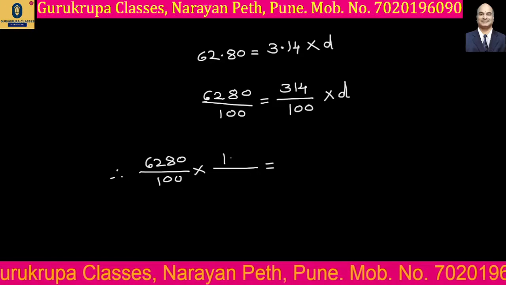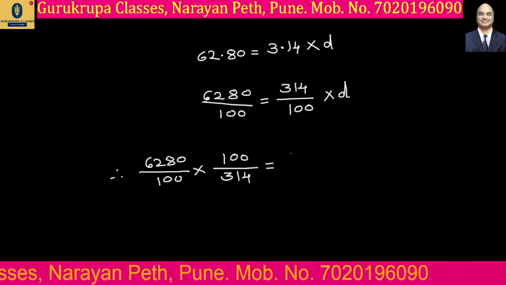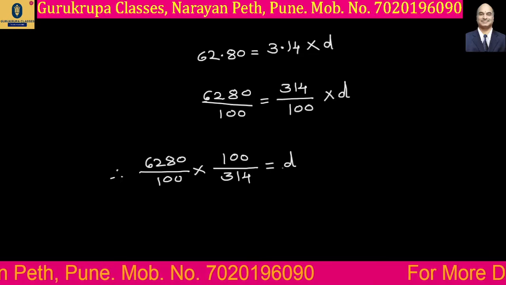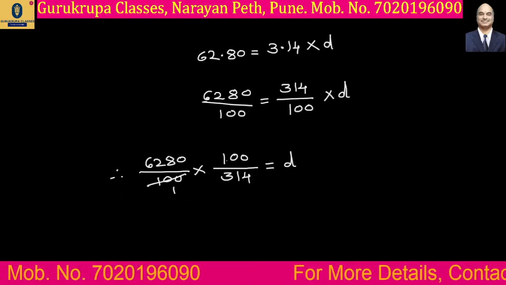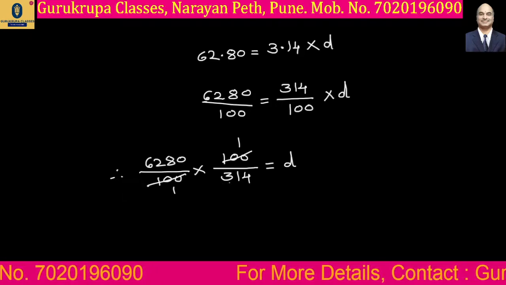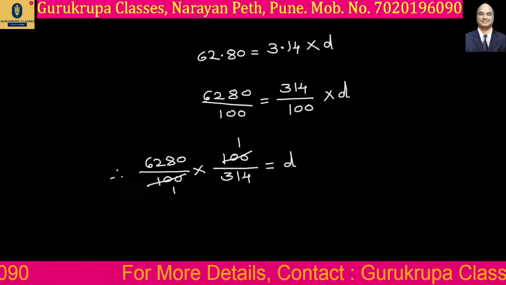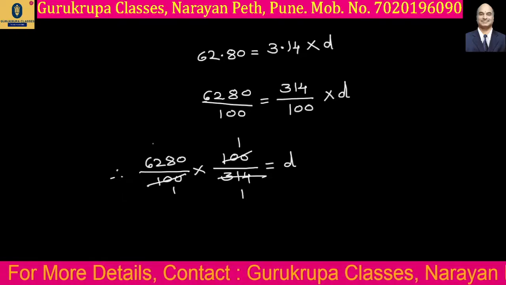We should take the reciprocal and transpose it. So 314 upon 100 is transposed, its reciprocal would be taken over here. 100 ones are 100, 100 ones are 100. Now 314, 3 2s are 6, 14 2s are 28, 628. So this is the hint.